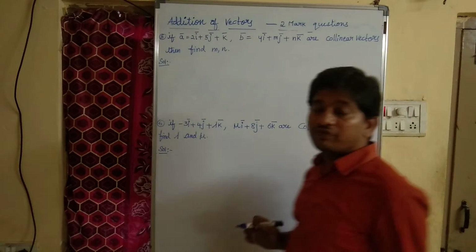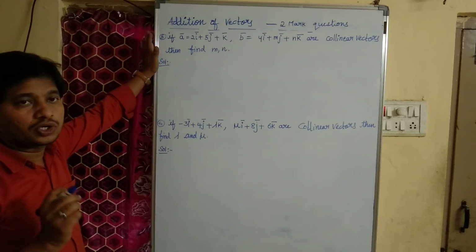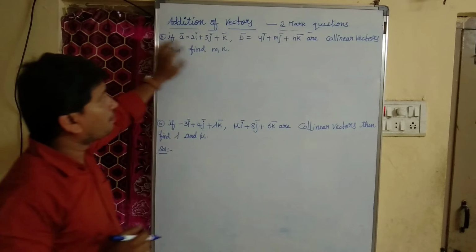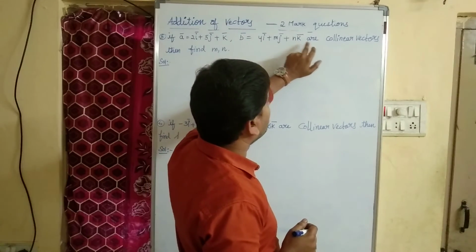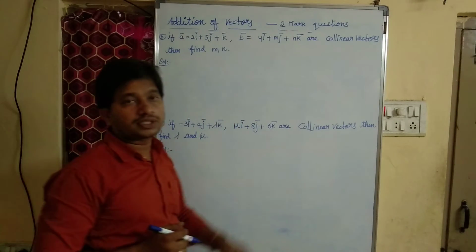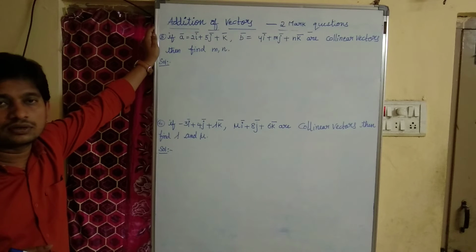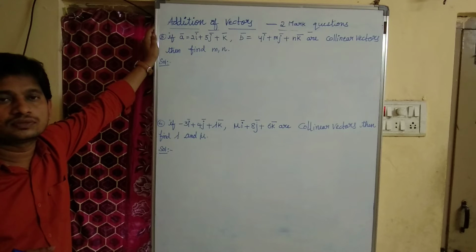Now coming to fifth question. If A bar equal to 2I bar plus 5J bar plus K bar and B bar equal to 4I bar plus MJ bar plus NK bar are collinear vectors, then find M comma N. So you know children, what is the condition for collinear?